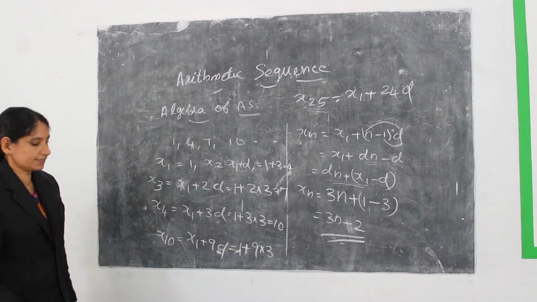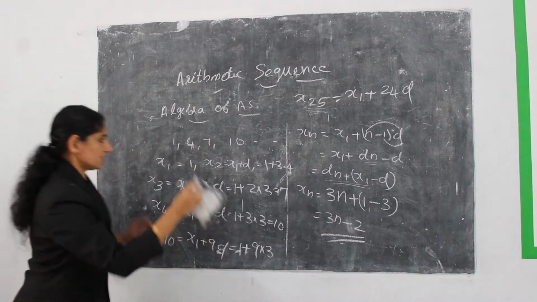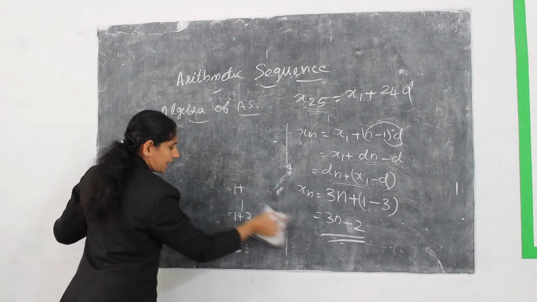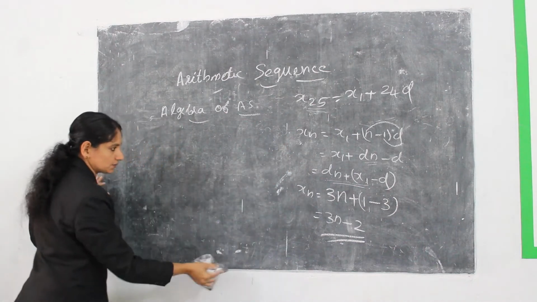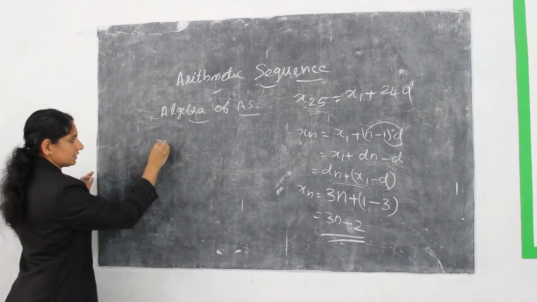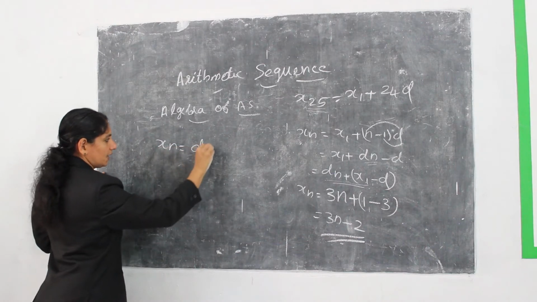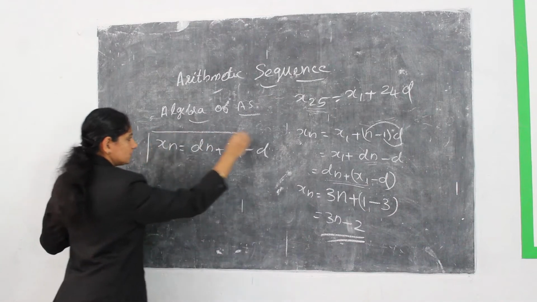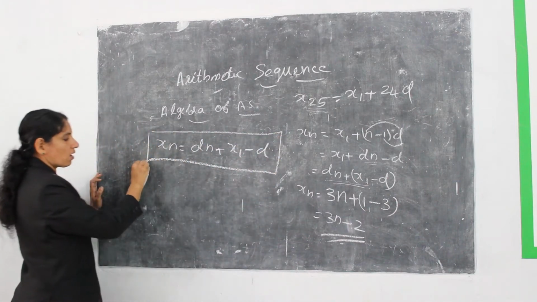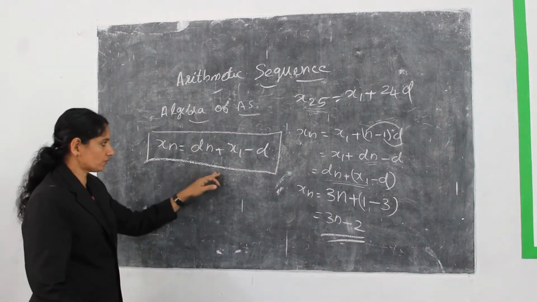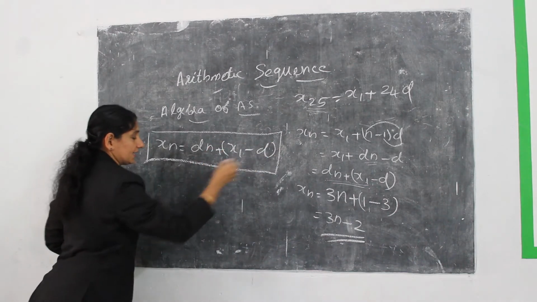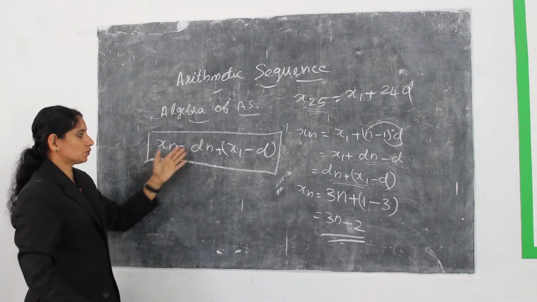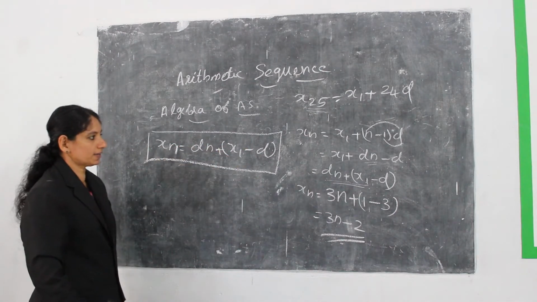To write the algebra of an arithmetic sequence, or write the general form of the sequence, or write the nth term of the sequence, we can use this formula xn equal to dn plus x1 minus d.